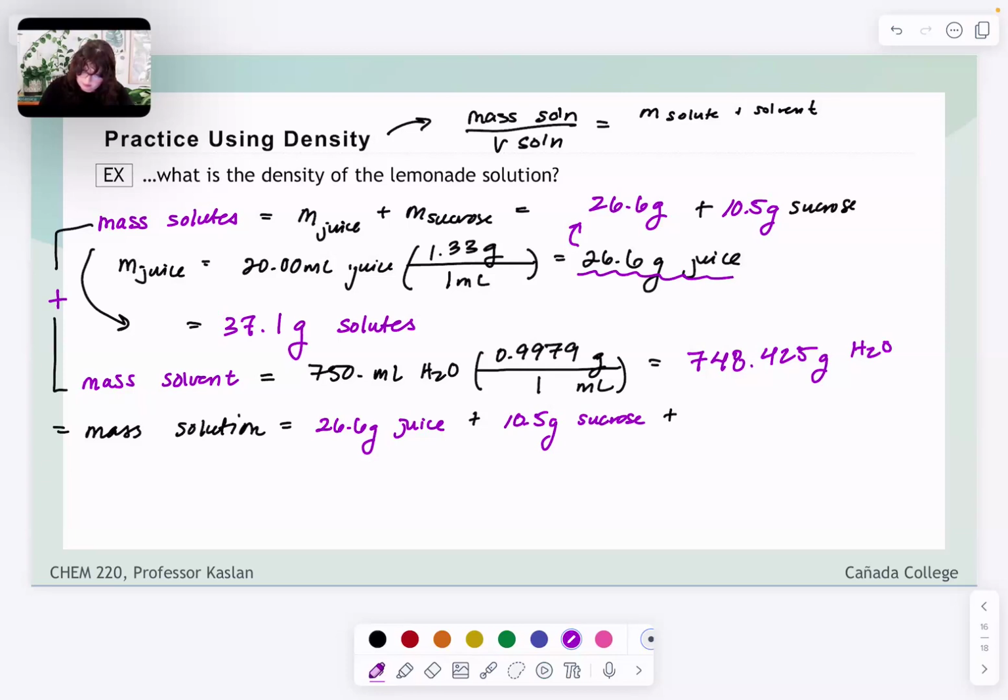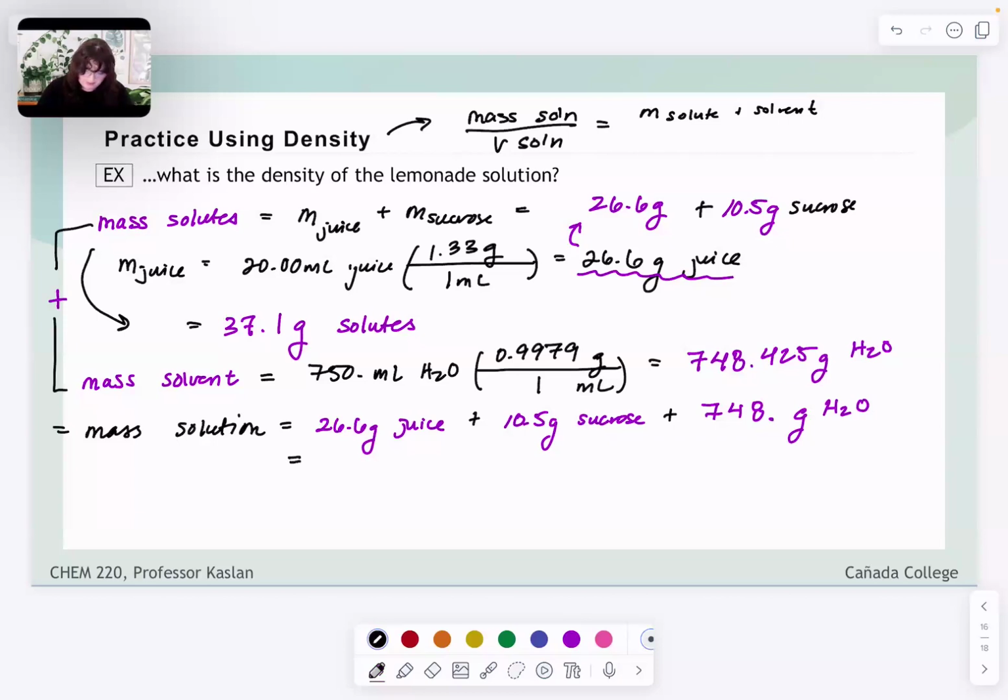We were limited to 3 sig figs, so 748 grams of water. So let's add this all up. We have 748 and so on, plus 26.6 plus 10.5.